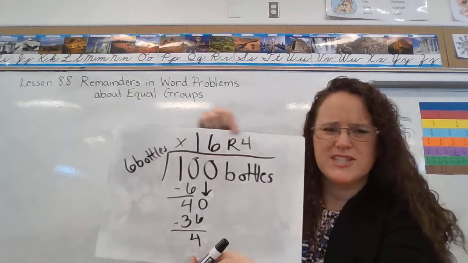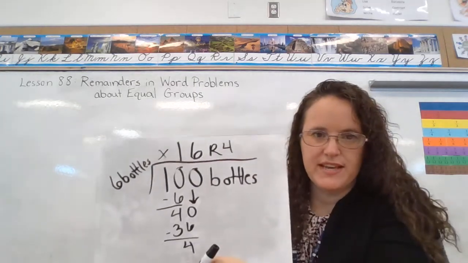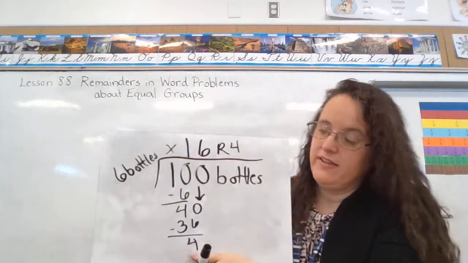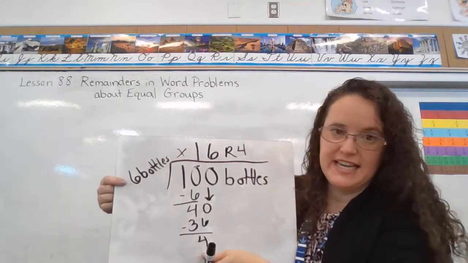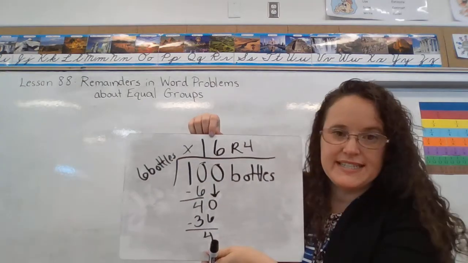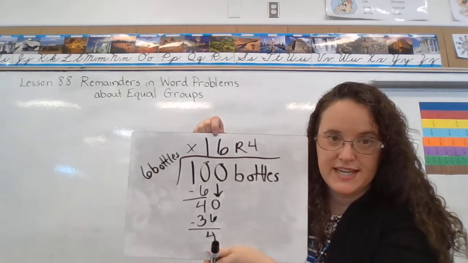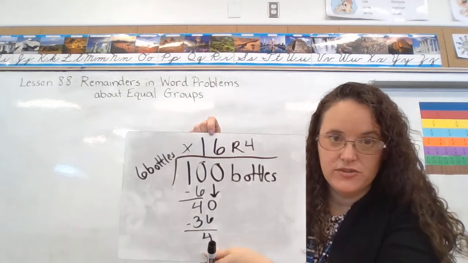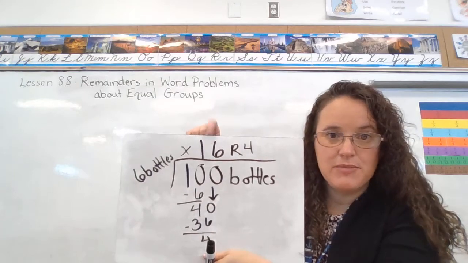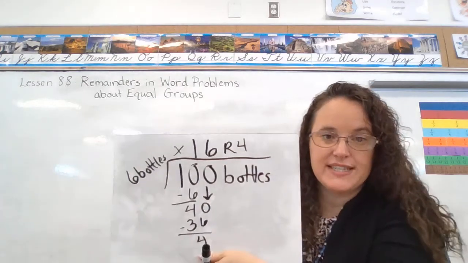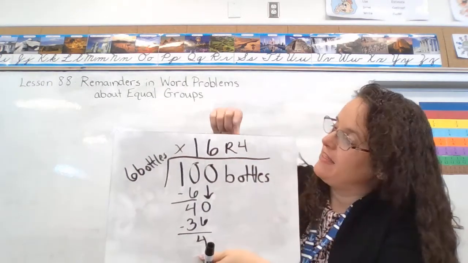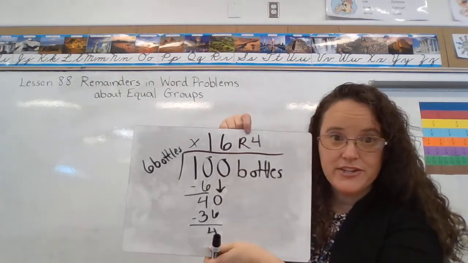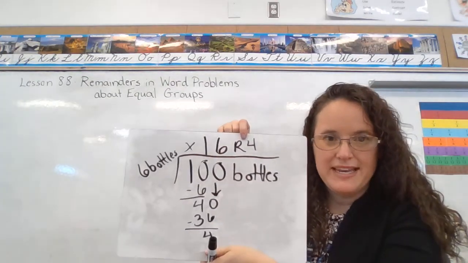So the question is, what does this number represent? Well, if we've got groups of 6, we're able to make 16 whole groups of 6. So how many boxes can be filled? 16 boxes are going to be filled with 6 bottles. The R, our remainder, means what's remaining.